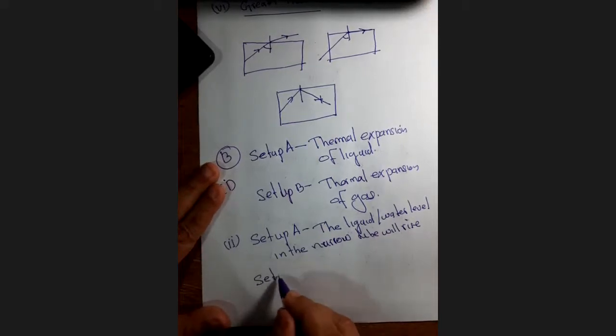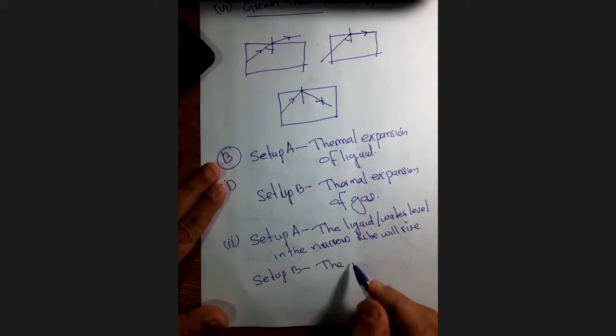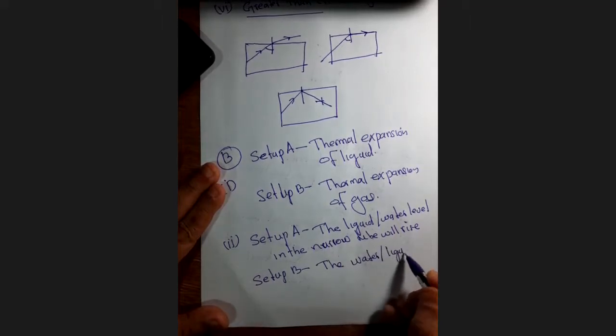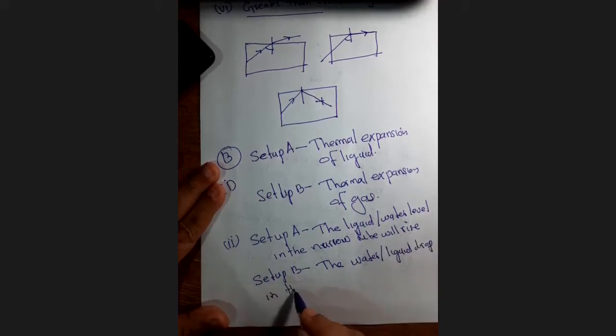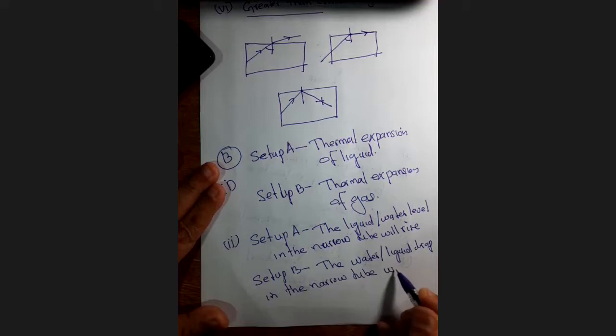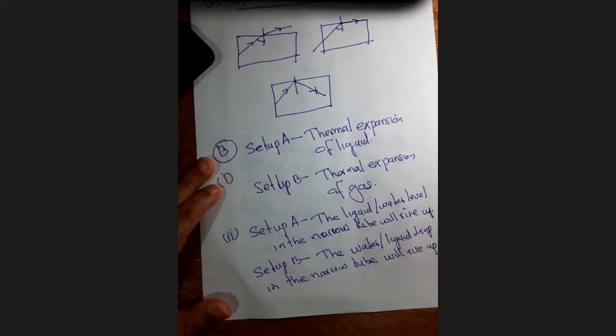In setup B, same thing, but this time there's no water level there. The water or liquid drop in the narrow tube will rise up. That is your observation.